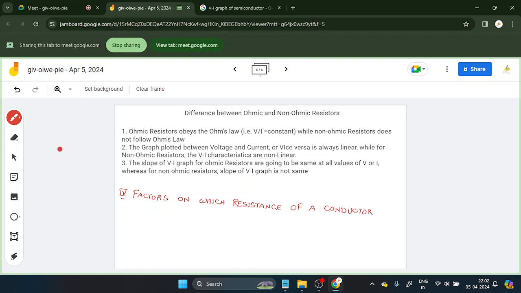Very important heading. Clear? Factors on which resistance of a conductor depends.